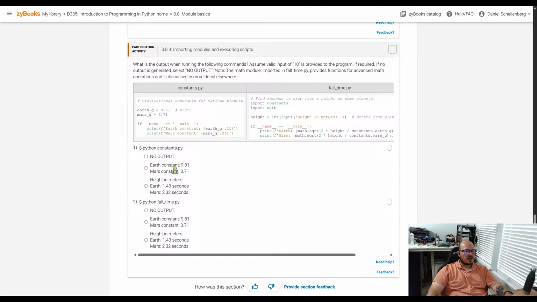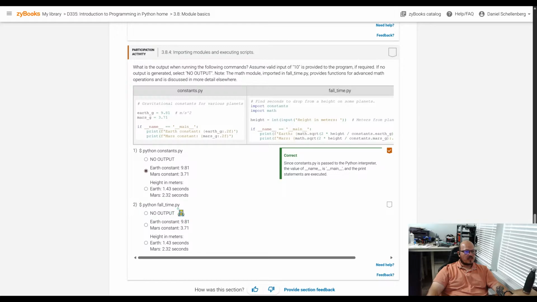I think it's this one here. Since constants pi is passed to the Python interpreter, the value of __name__ is constants, and the print statements are executed. Python fall time pi.